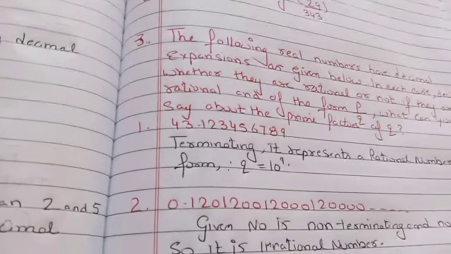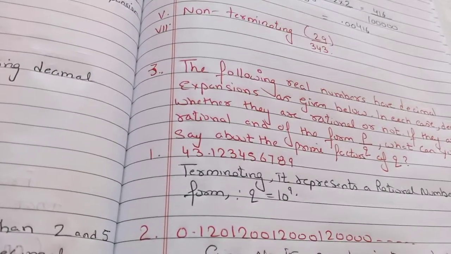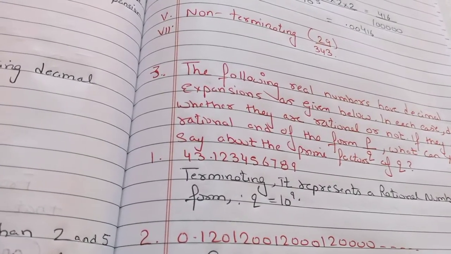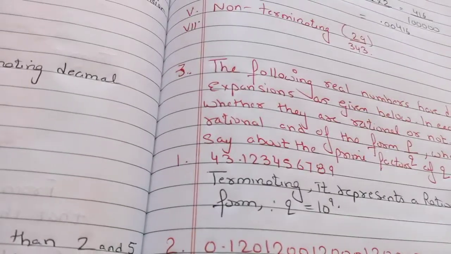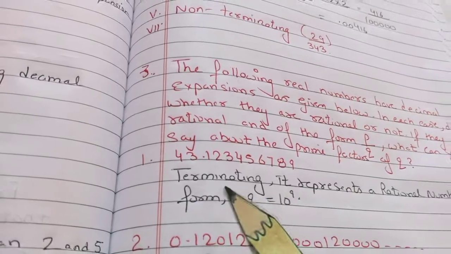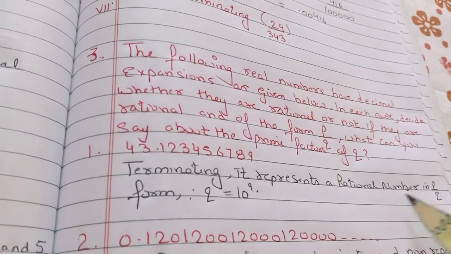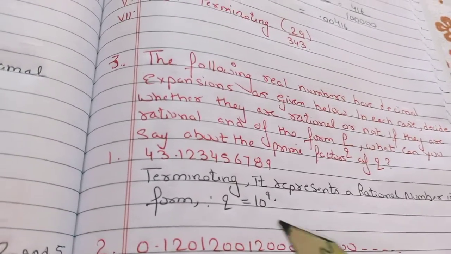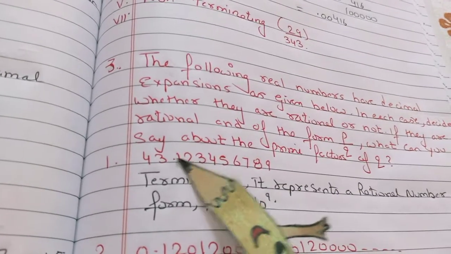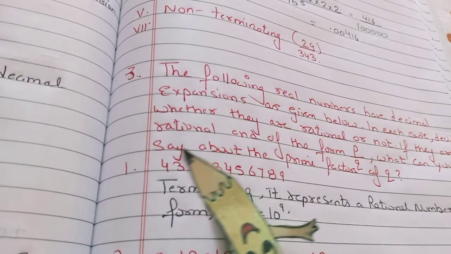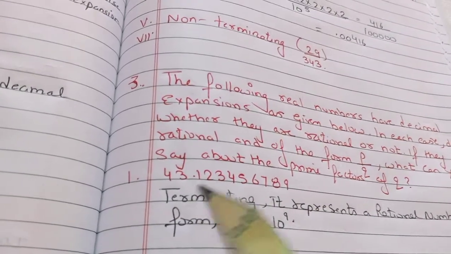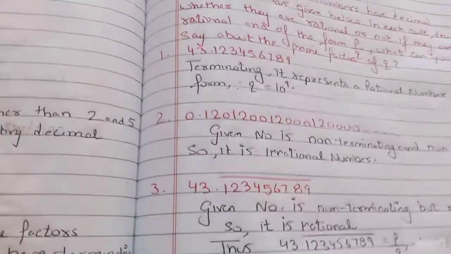Okay, now I am taking the first one: 43.123456789. It is terminating. It represents a rational number p by q, where q is equal to 10 raised to power 9.